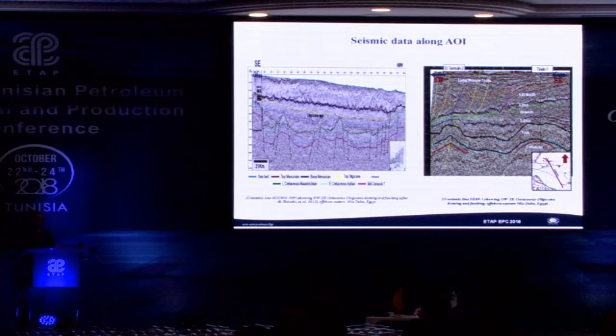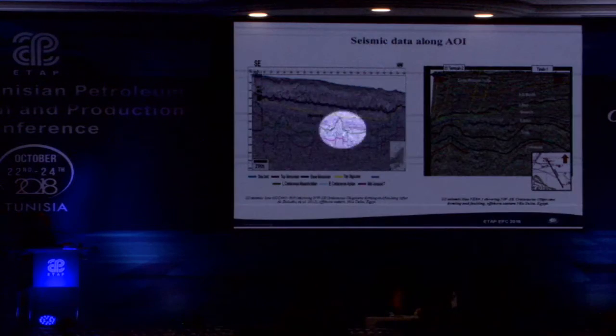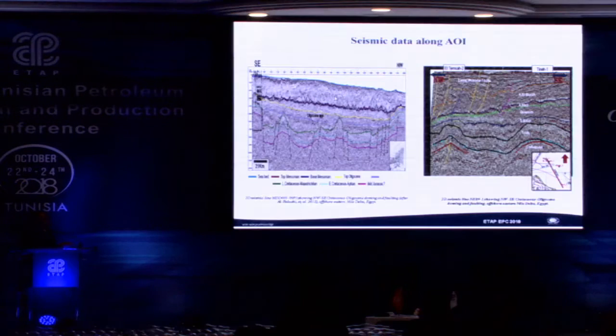But in this area, one of the risks is the thickness of the salt here, which, as you have seen, is very narrow in thickness, and most of the sediment is shale sediment with sandstone within it. So the seal is one of the big risks in this area.